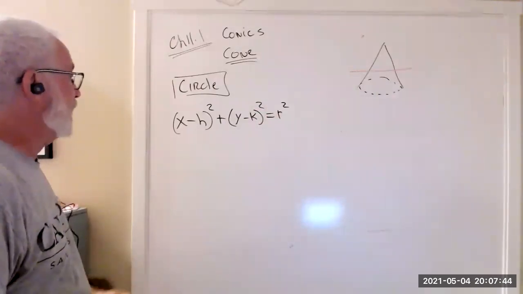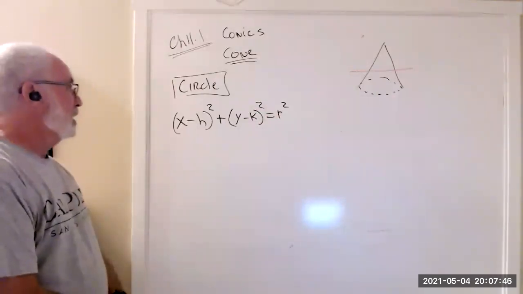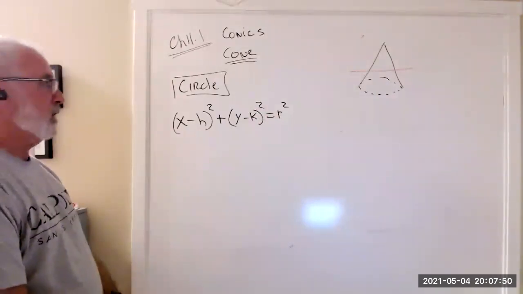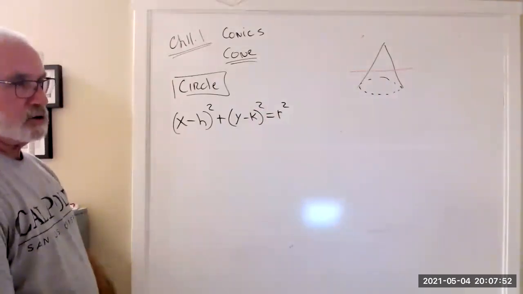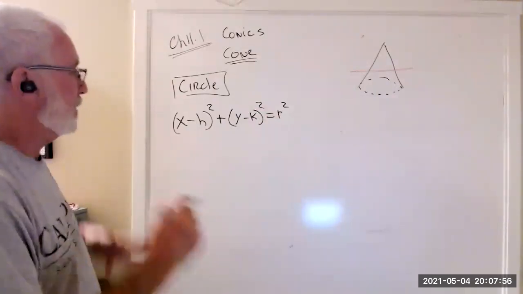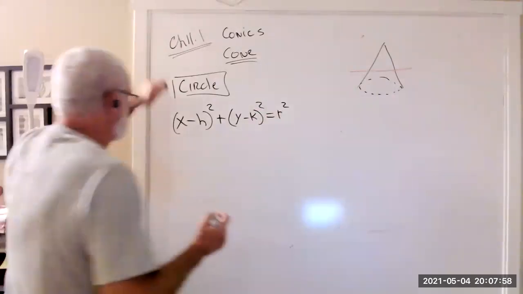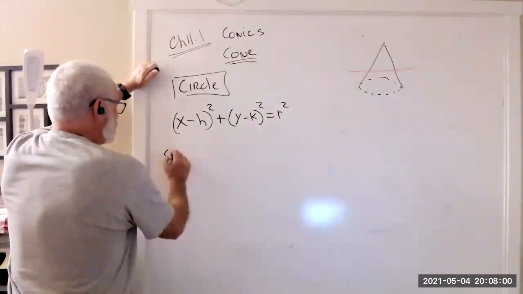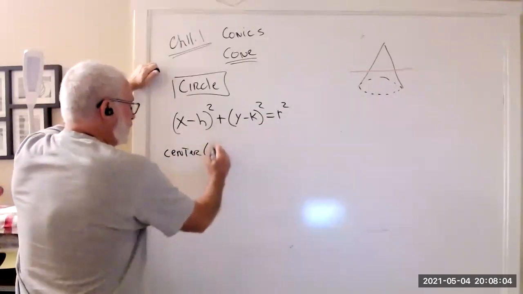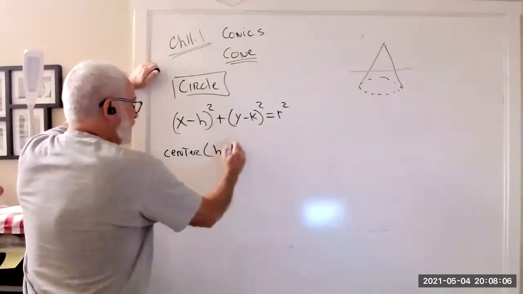Okay, now we need to talk about this. The center of the circle is the numbers h, k.